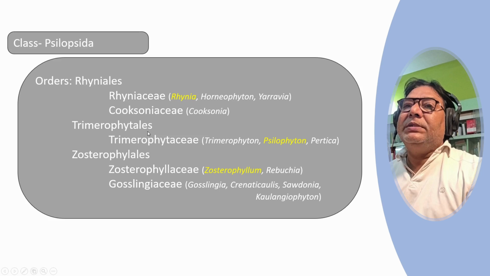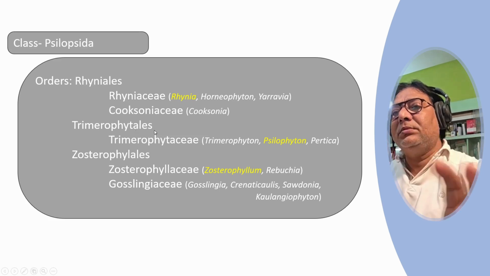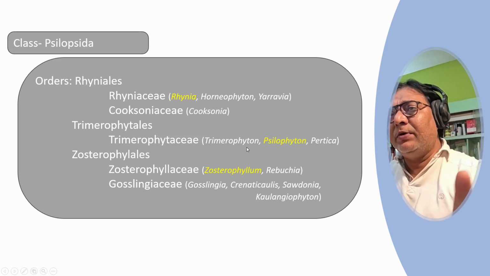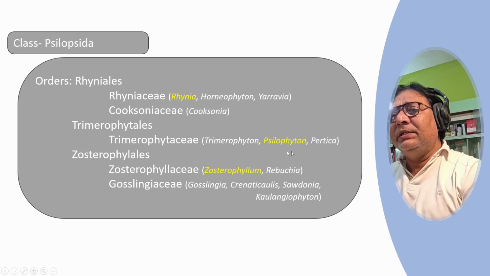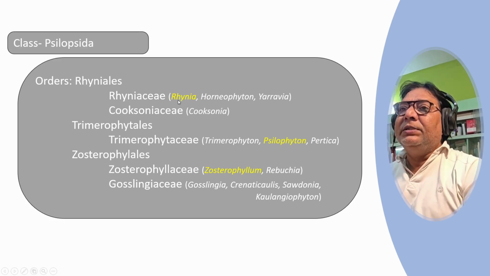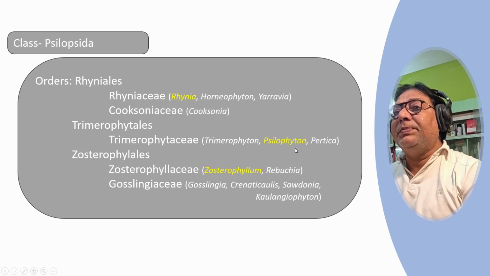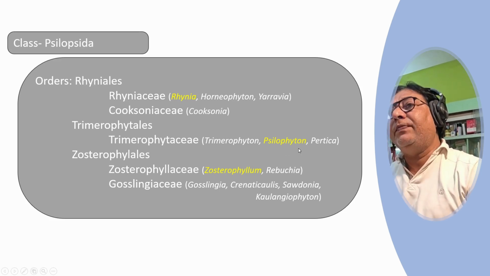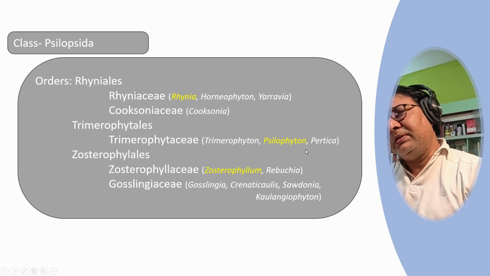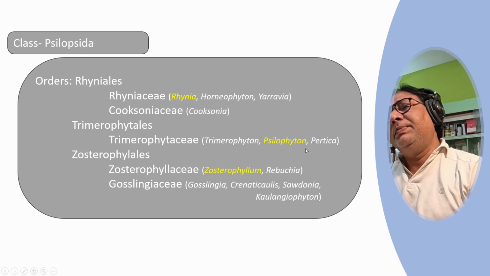Trimerophytales is named such because they had a trichotomous branching pattern. Trimerophyton and Pertica showed trichotomous branching, while these other plants had dichotomous branching. Psilophyton was, however, dichotomous with a little bit of monopodial.